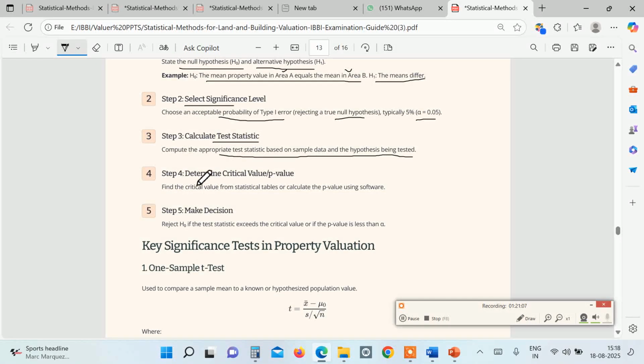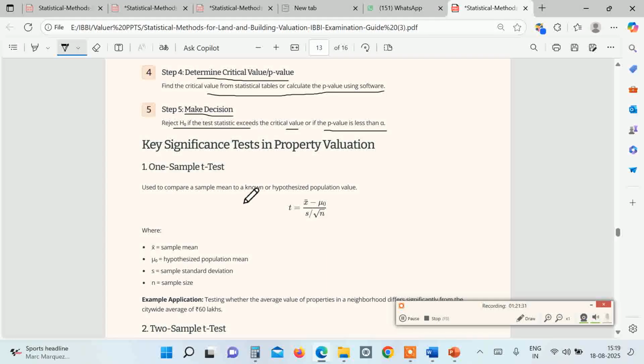Then determine the critical value or p-value. Find the critical value from the statistical table or calculate the p-value using software. Based upon this, you make the decision: reject H0 if the statistic exceeds the critical value or if the p-value is less than alpha.